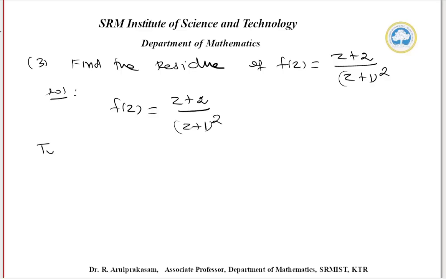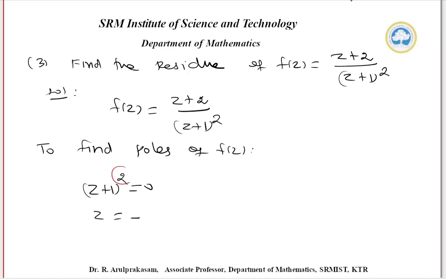First step is to find the poles of the function, poles of f of z. I already mentioned how to find poles: equate the denominator to 0. So z plus 1 equal to 0, so I'm taking z equal to minus 1. Here the power is 2.